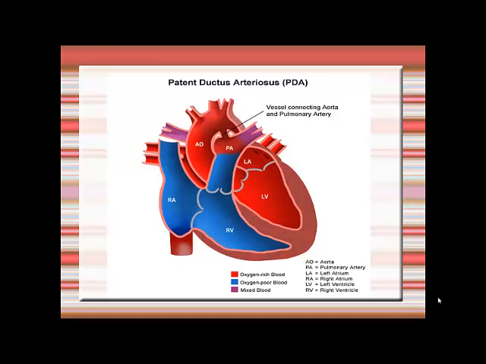Another thing that we didn't talk about, I'm sorry, but it is in your book when you're looking at the ones that we just talked about. There's another defect called the AV canal, and that's just defects in the septa and the valves. It is usually associated with Down syndrome.